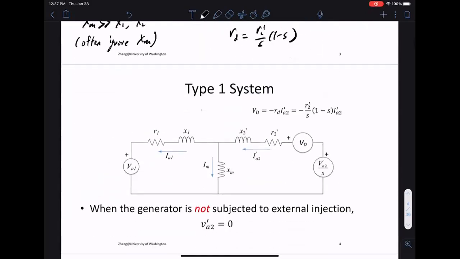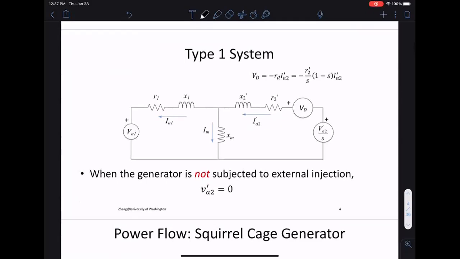If you look at this diagram, which is reproduced, sometimes we'll have external injection. For type 1, often external injection is 0. Often we set this VA2 prime over S to 0.